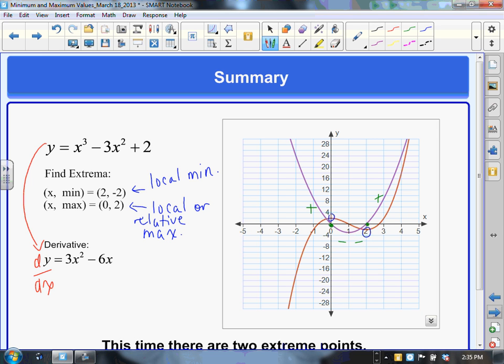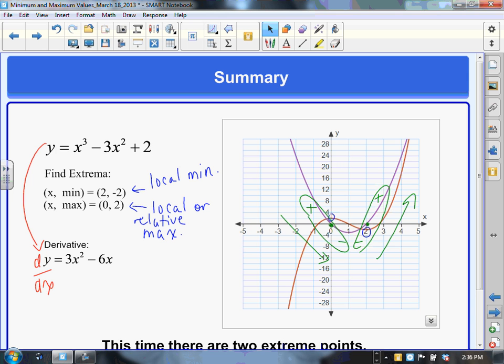So at the local minimum, the values at x equals 2 change from negative to 0 to positive. Whereas for the local maximum, which occurs at x equals 0, the values change from positive to 0 to negative. So that is flowing in this direction and this one going this way.